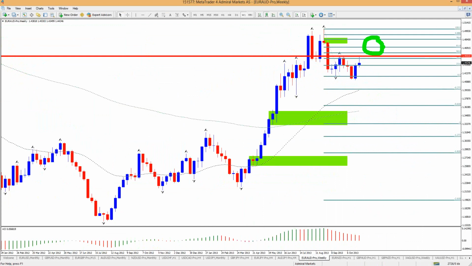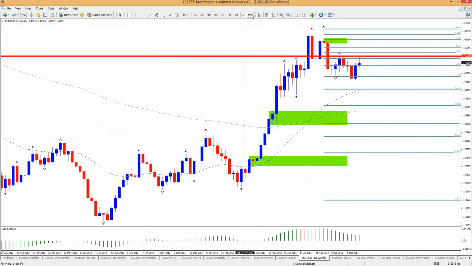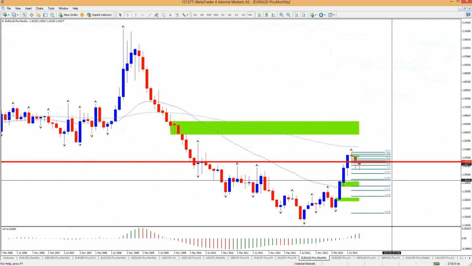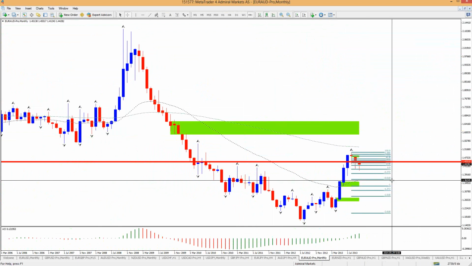Maybe from here, for example, move down to this minus 618 target around 136. That's something that I think could pan out, which would bring it back to the long-term moving average here, as you can see. So up, down, and a bounce would seem the most logical path for the Euro odd at the moment, for example.